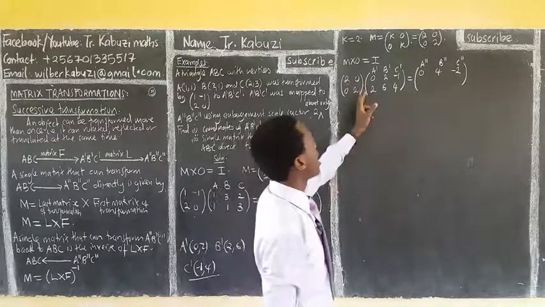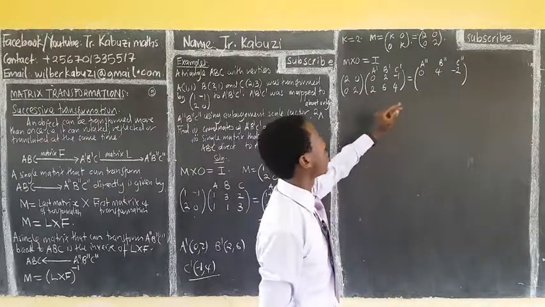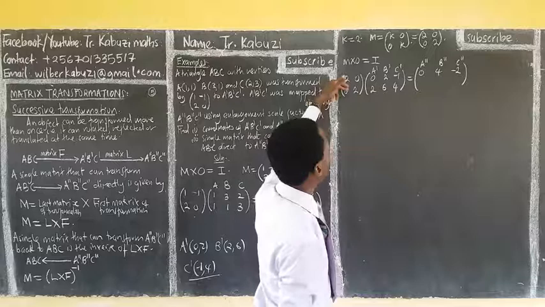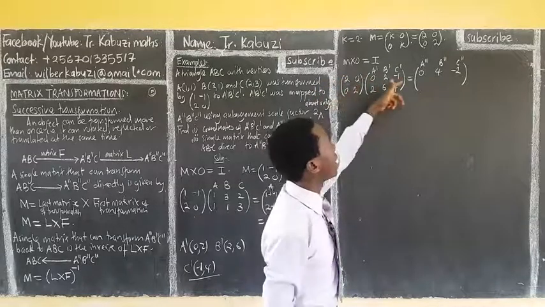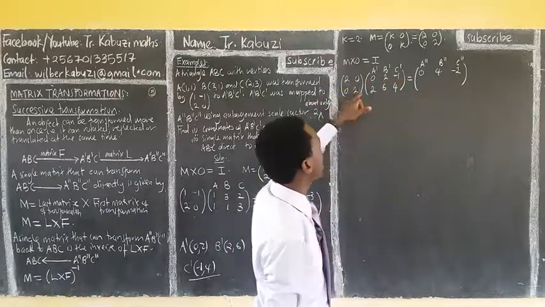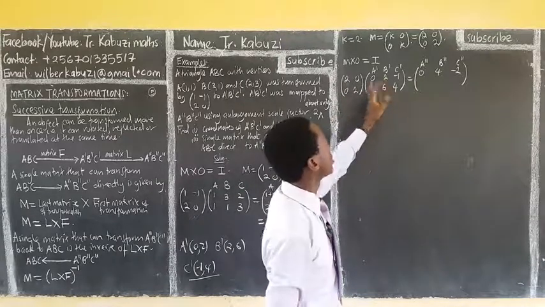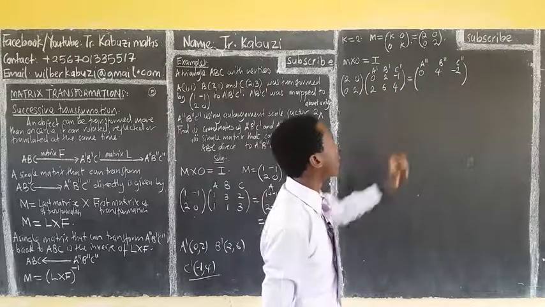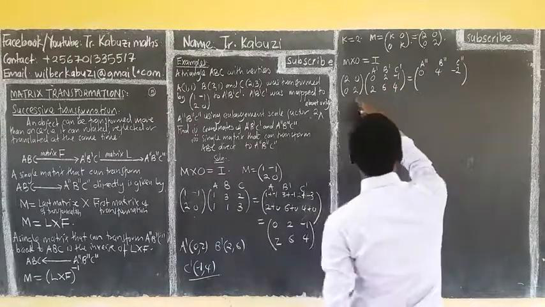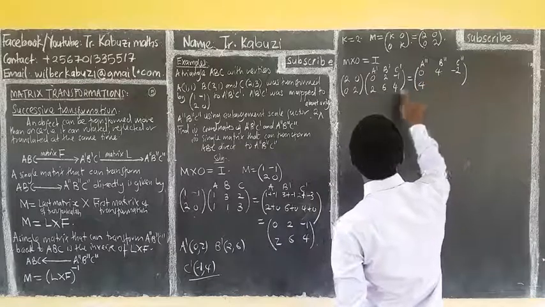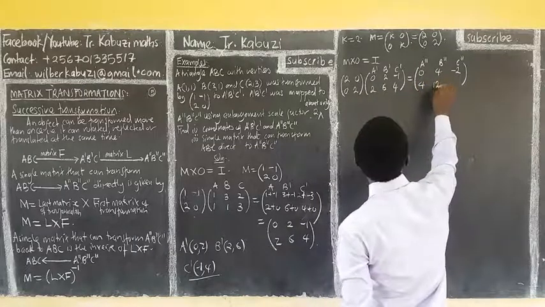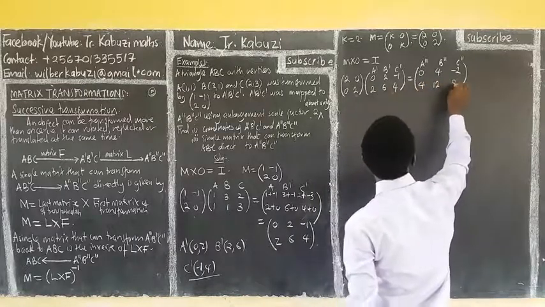So this 0 multiplies all the entries in the first row to 0. What you do is just get these two, and you multiply throughout the last row. So this time you get 4, this time you get 12, this time you get 8.